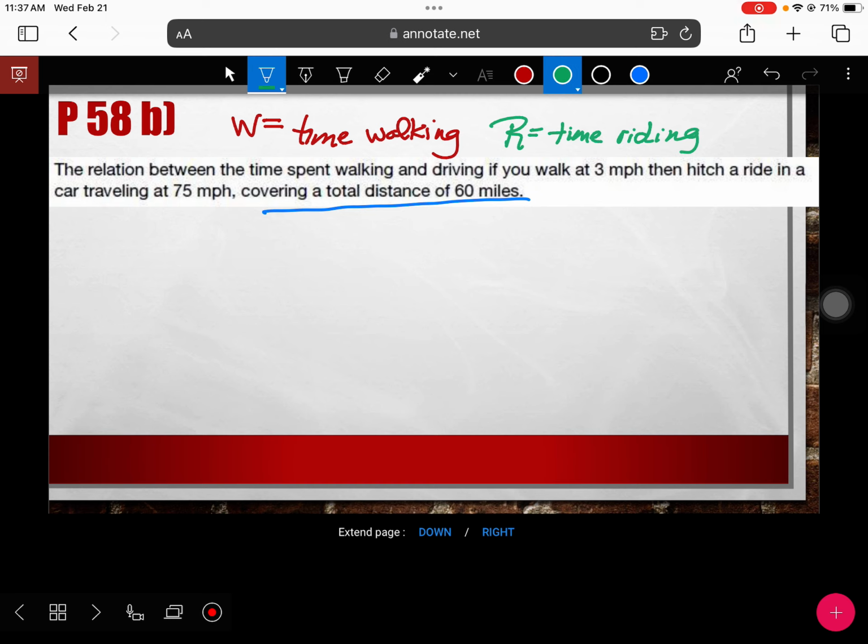If you walk at 3 miles per hour and hitch a ride in a car traveling at 75 miles per hour, you are covering a total distance of 60 miles. Is that exactly 60? Is that less than 60 or more than 60? So that is exactly 60. Yes. So we can say this is equal to 60.